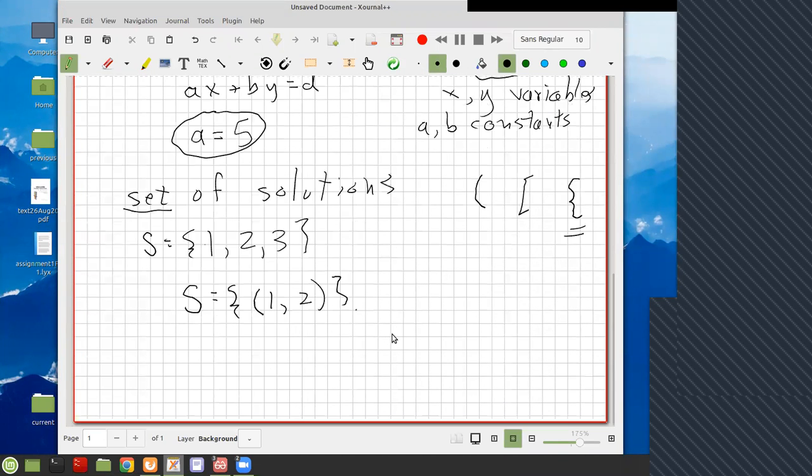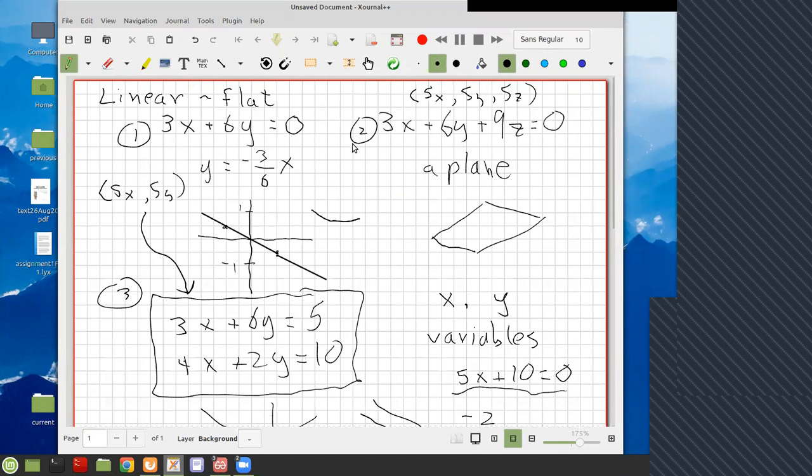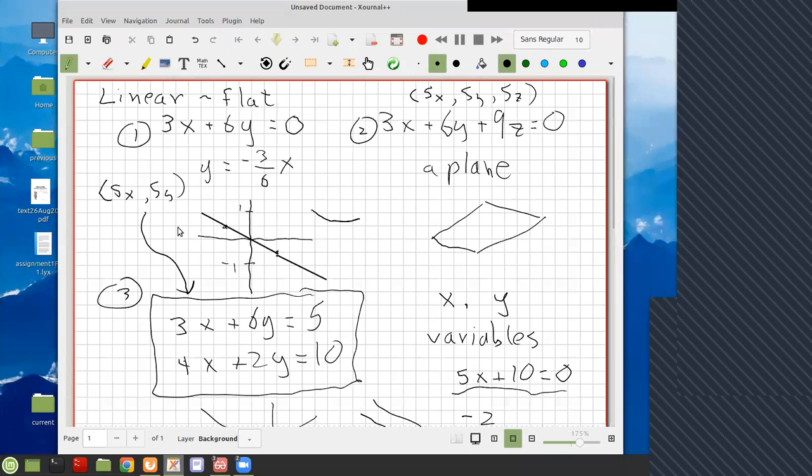Okay, so we've gotten to the point where we've introduced linear systems. It's a set of equations, or a list of equations, with one, two, or more variables, and we're looking for the set of all the solutions. A solution of a system with two variables is going to be a pair of numbers. The solution of a system with three variables is going to be a triple of numbers.